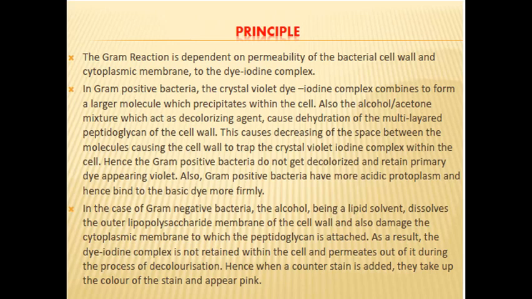Because the pores that form due to the alcohol are small in size, the pore opening is of small diameter, and due to the dehydration those small pores completely close. Now there is no opening remaining, and that's why the safranin stain molecules are only present on the peripheral region, or on the surface of the bacterial cell wall.